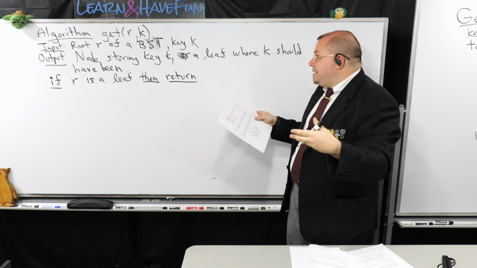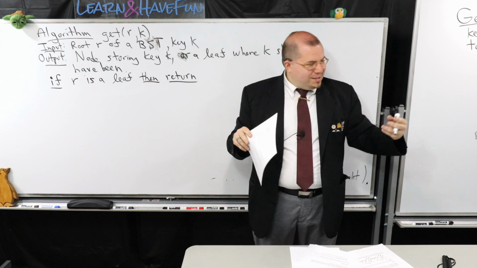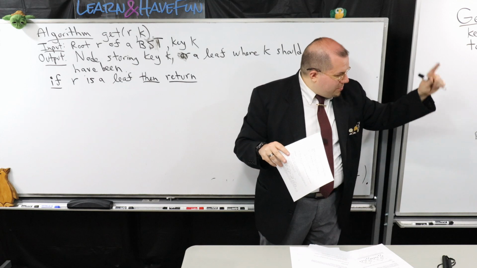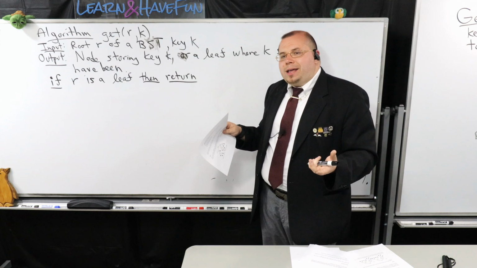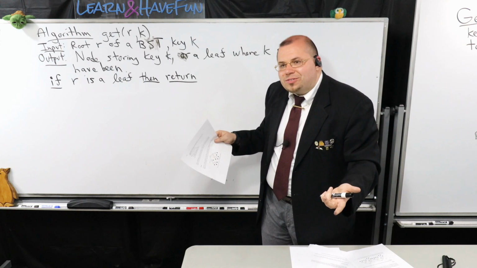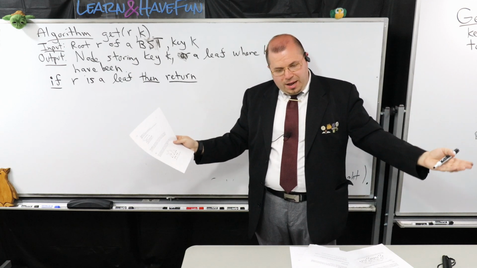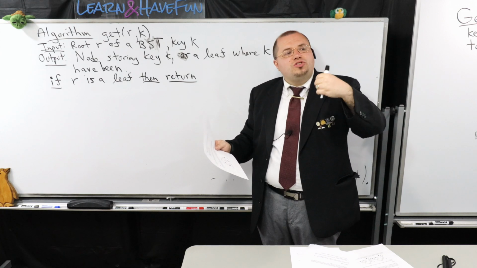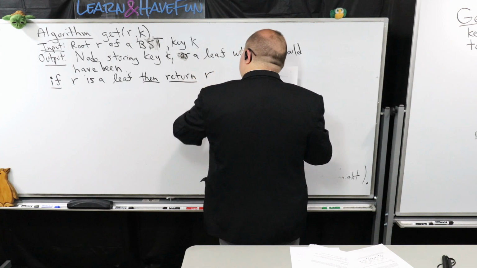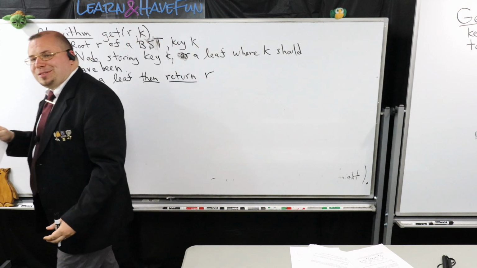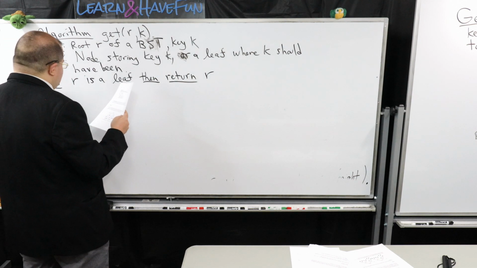But if I passed along to you a leaf node, like we had in our example where we went all the way down to the bottom, you know right away that there is nothing else to examine. So your search is going to fail, because if I'm considering the binary search tree rooted at that given node, there are no more records to look at. So I'm just going to return this node. Remember, this is just the node where that record would be.